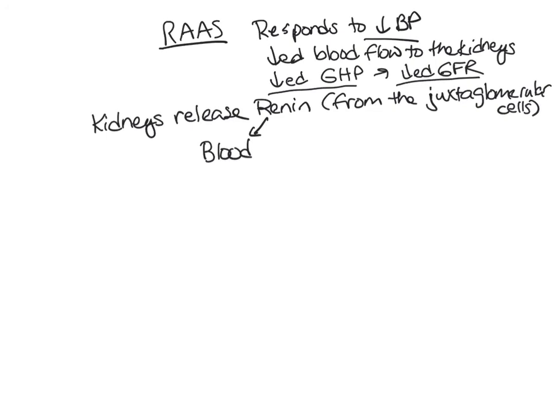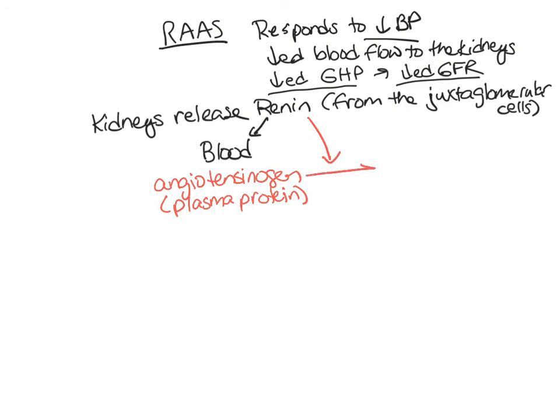Now in the blood there is a plasma protein called angiotensinogen. And renin causes angiotensinogen to be converted to angiotensin 1.